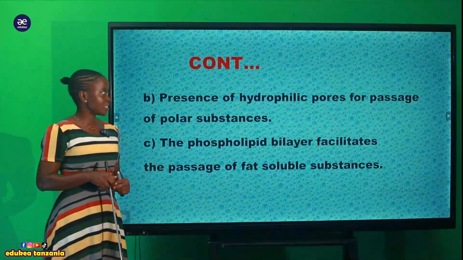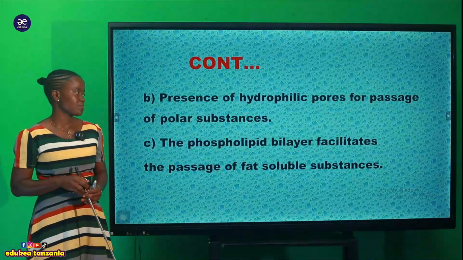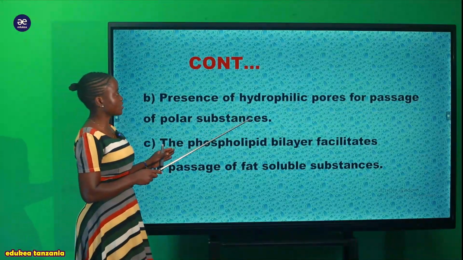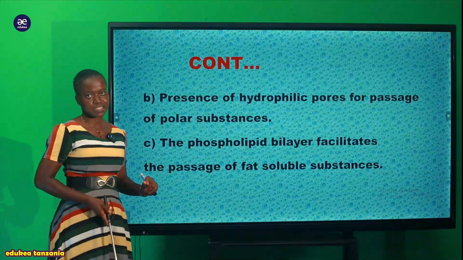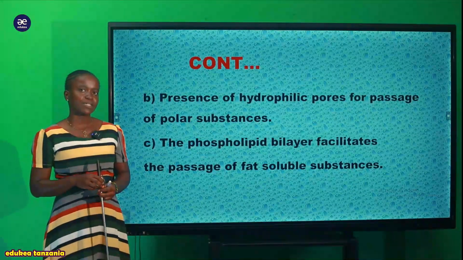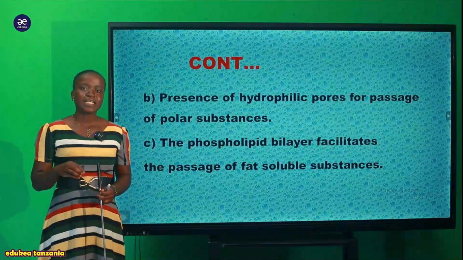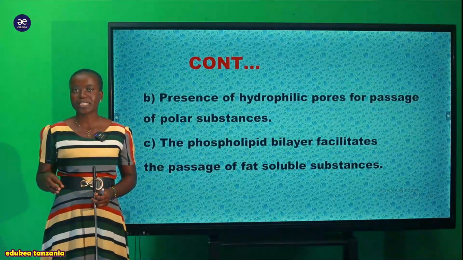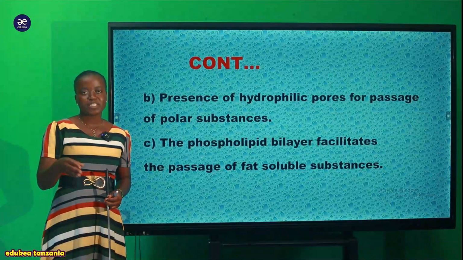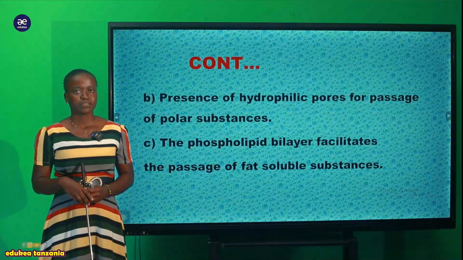Another adaptation of the cell surface membrane is the presence of hydrophilic pores for passage of polar substances. Remember the functioning of the cell surface membrane, we have seen that it is selectively permeable. It allows some material to enter and some material to leave the cell.